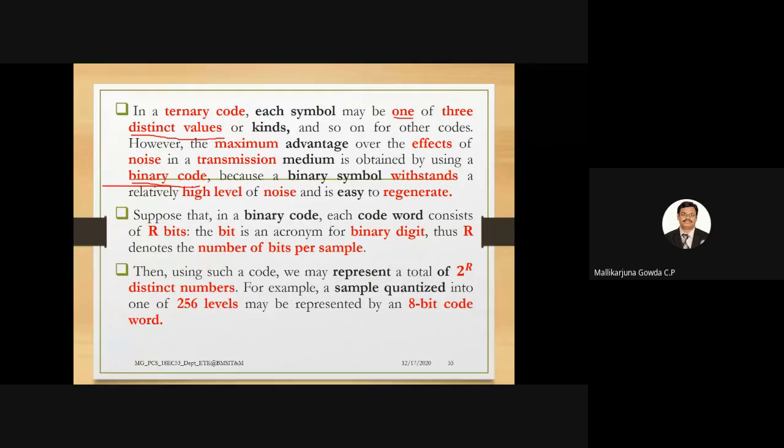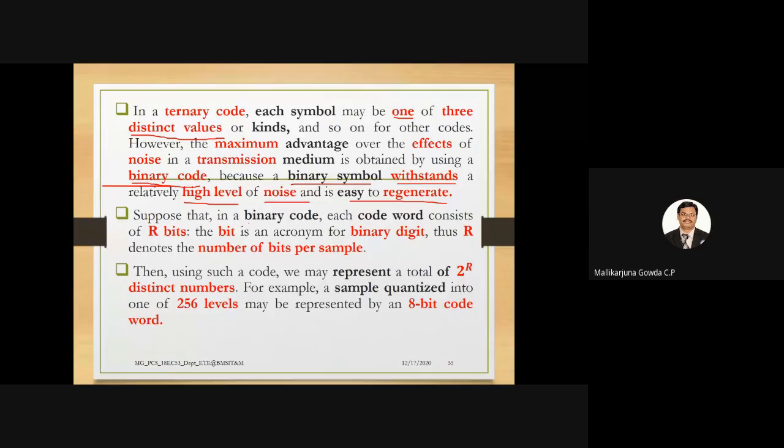That is why binary code is preferred. A binary symbol will withstand a relatively high level of noise, and it is very easy to regenerate. We may use codes other than binary, but binary code is more robust to noise and easy to generate. That is why we all stick to binary code.